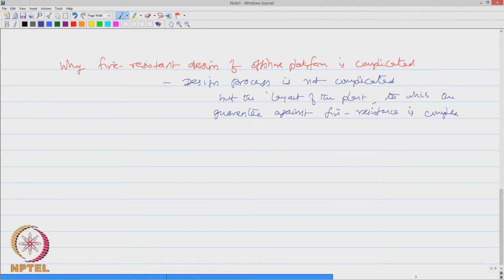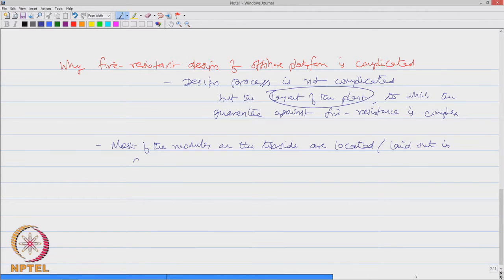So, it is actually the layout, because most of the modules on the top side are located in a congested manner.